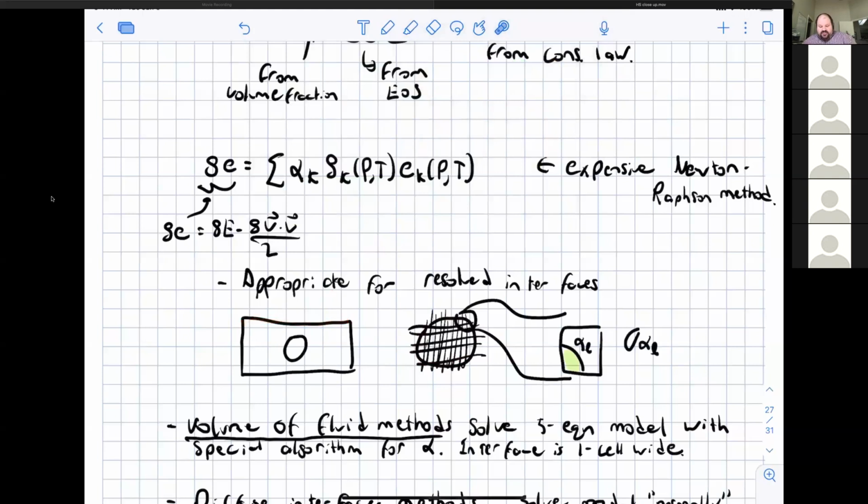In both of those cases, because you are resolving the interface, the assumption that the velocity of the liquid is the same as the velocity of the gas is normally pretty good. And if the velocity of the droplet is different than that of the gas, that becomes just part of your solution.